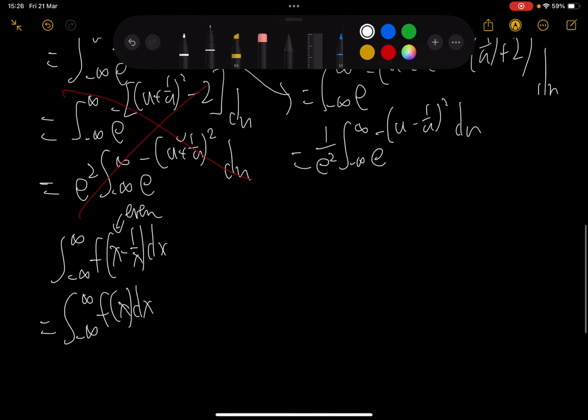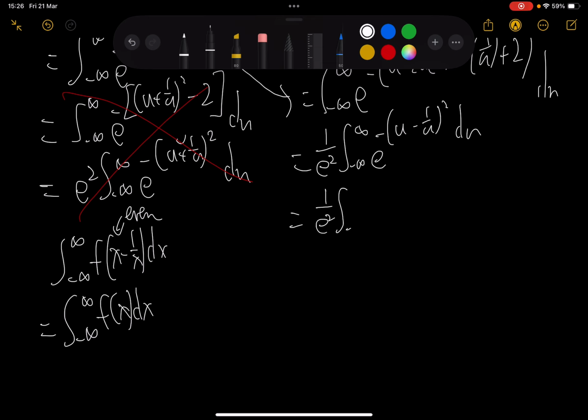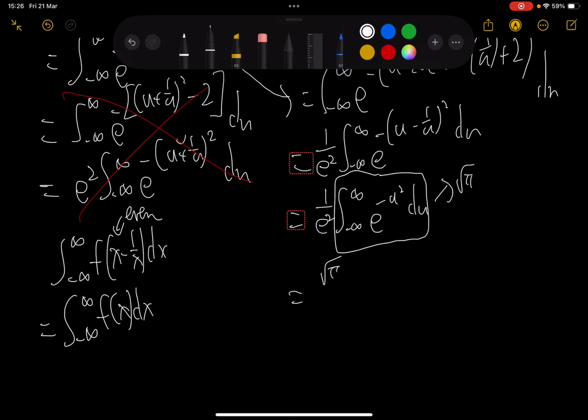So when you put a negative u, it is always going to be the same because of the square. So we can write this as e to the power of negative u squared du. And this result is equal to the Gaussian integral result, which is square root of pi. So we can get our result, which is equal to square root of pi over e squared. And that's our answer. And thanks for watching.